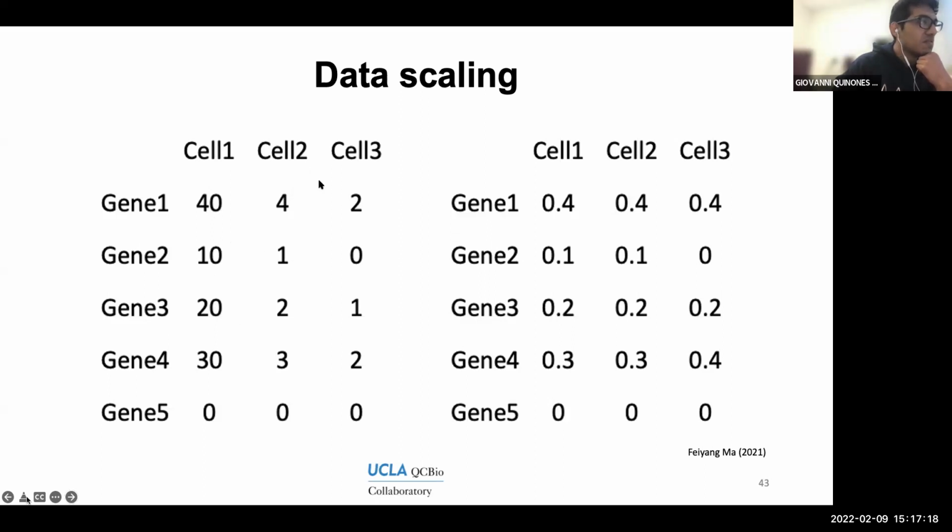You do the same for cell 2 and cell 3. This way you have comparable values for a given gene across the different cells. This follows similar logic as counts per million, the assumption that cells should have the same amount of RNA, and then the expression for a given gene is just the proportion out of that total.